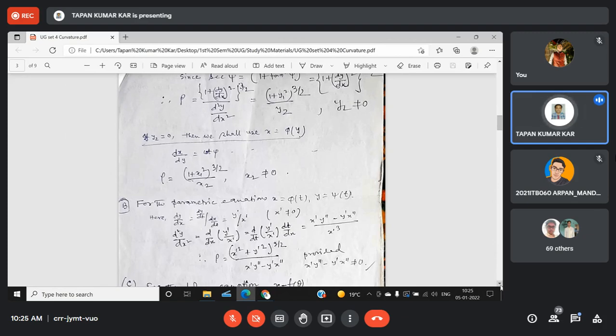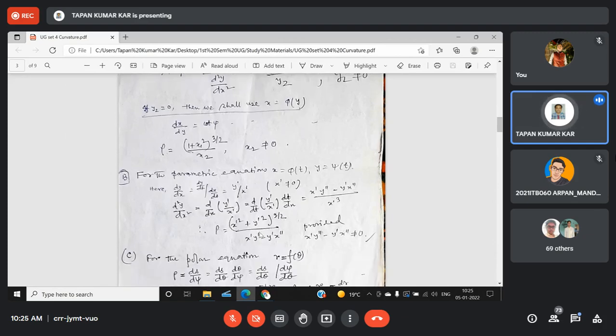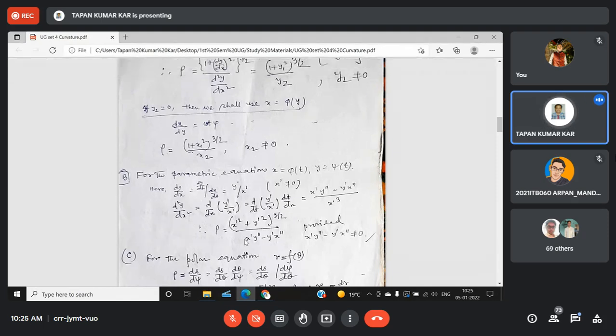Otherwise, if you substitute these two derivatives, you will get this formula: x dash square plus y dash square, where x dash means dx dt and y dash means dy dt, whole to the power 3 by 2, by x dash y double dash minus y dash x double dash. If you remember this formula, then also you can use this formula.